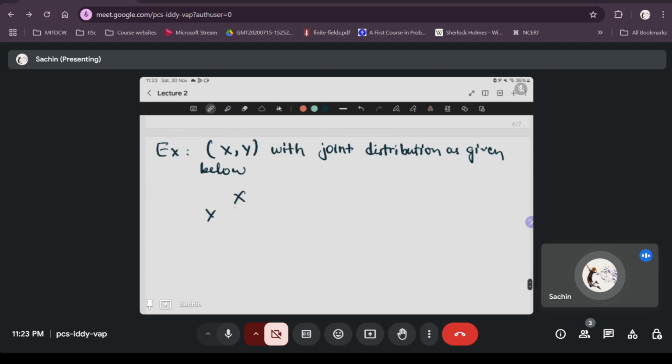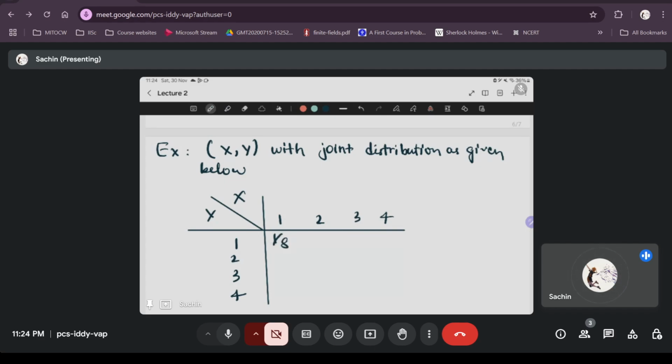Here I'll write the value of x, and here I'll write the value of y. So x can take four values, y can also take four values, and this is the joint distribution.